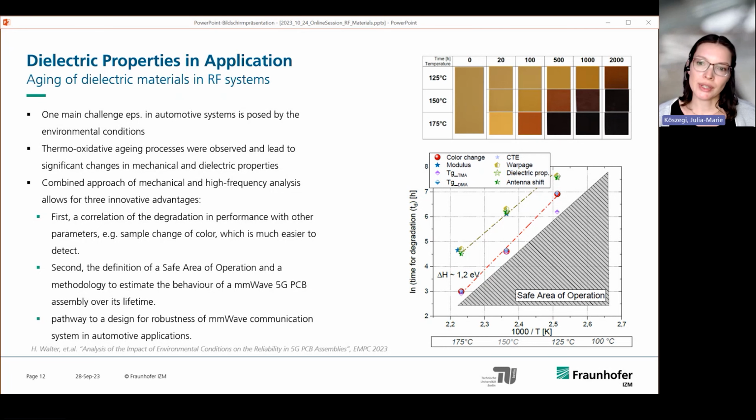Based on this concept, you can define what we call a safe area of operation. So it's not just picking the original material, but also understanding what is the need from the end application and for how long your material will support that. And if you have that knowledge, you can even go one step further.